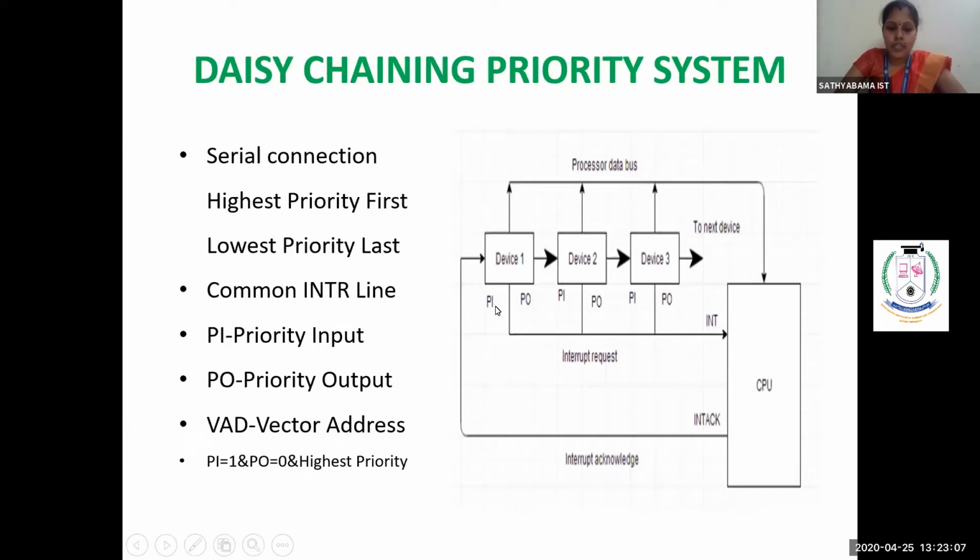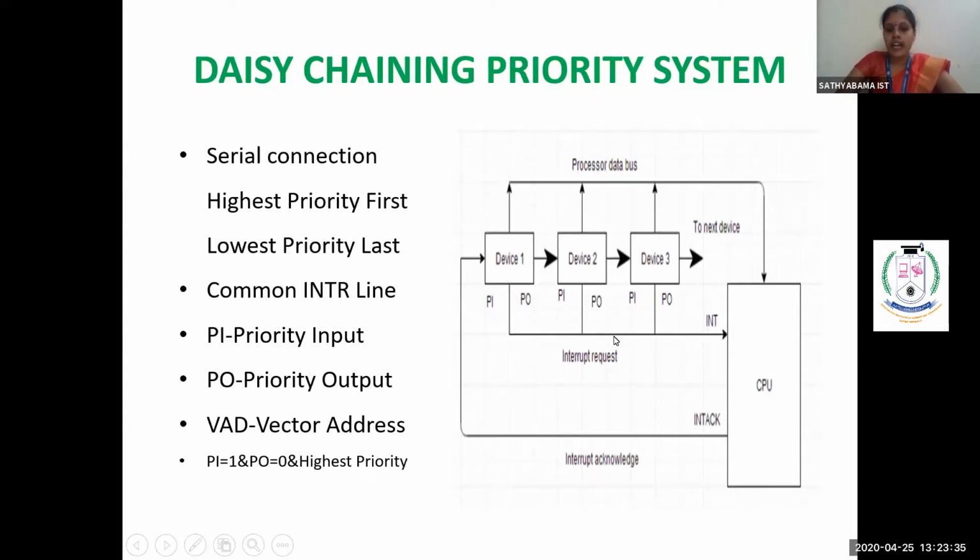So what is meant by PI? It's priority input. PO is priority output. This is the VAD line, that is vector address line. Whenever any one of the devices from device 1, device 2, device 3 sends an interrupt to the CPU, at that time the interrupt request line will be active.